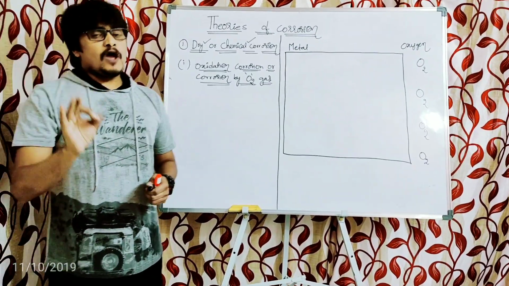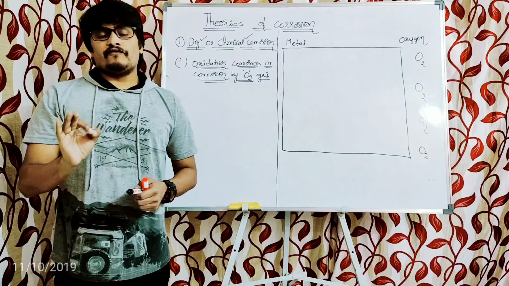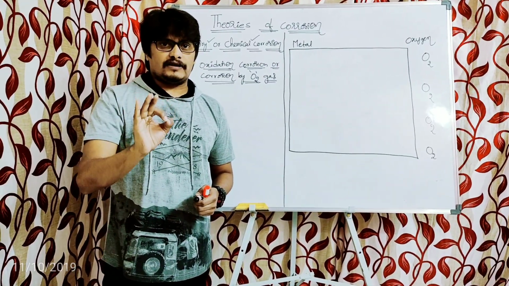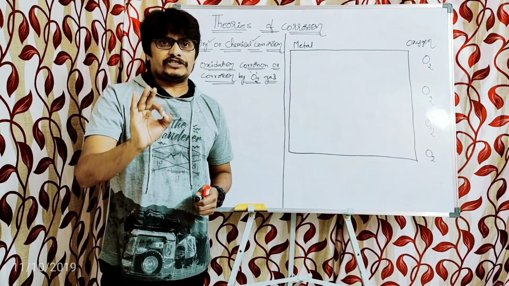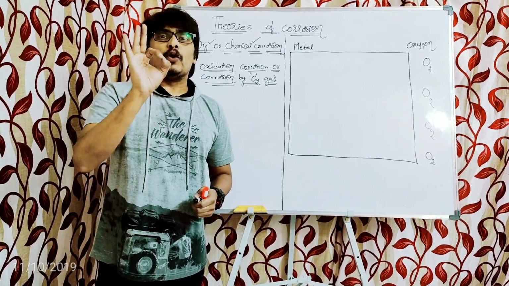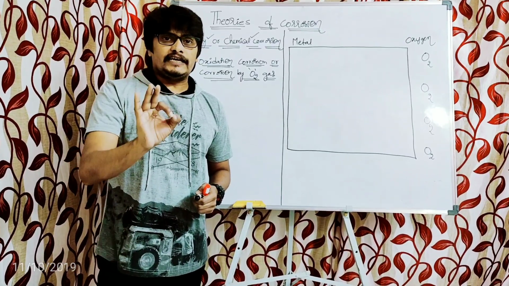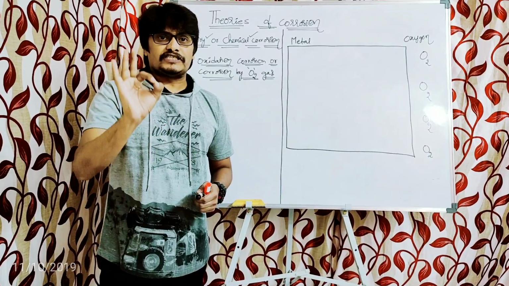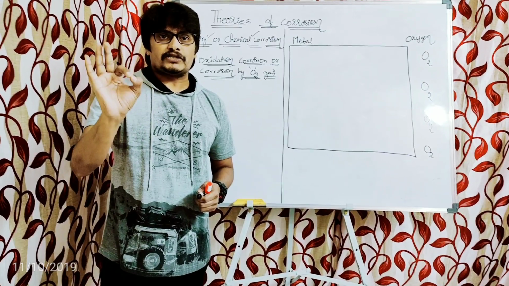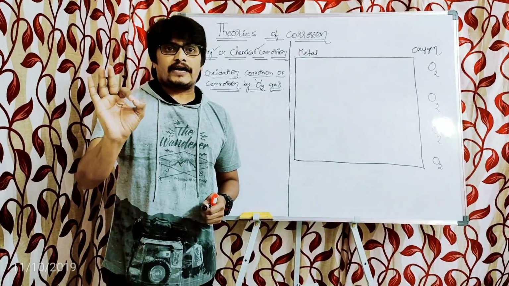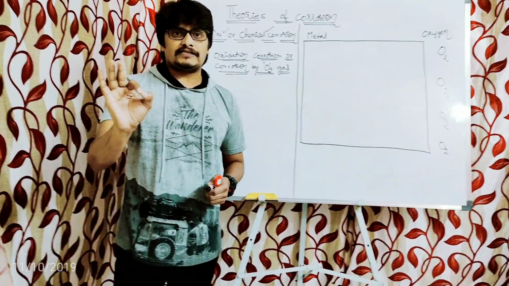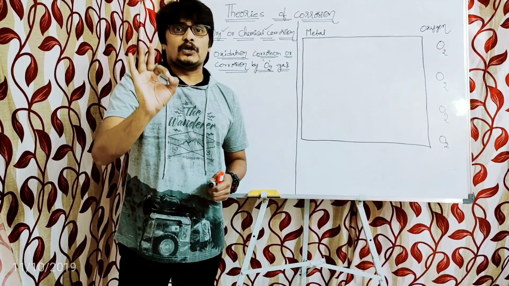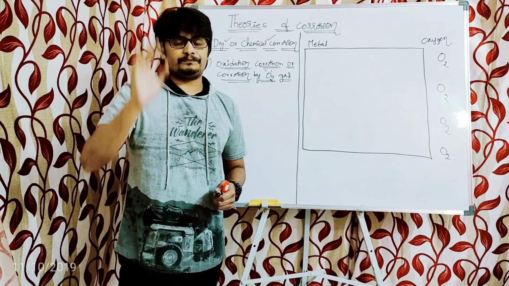Now let us see what metals are attacked by atmospheric oxygen and undergo oxidation corrosion at low temperatures. At low temperatures, alkali and alkaline earth metals of the periodic table, that is, group 1A and group 2 elements, are attacked by oxygen gas under dry conditions and undergo oxidation corrosion.